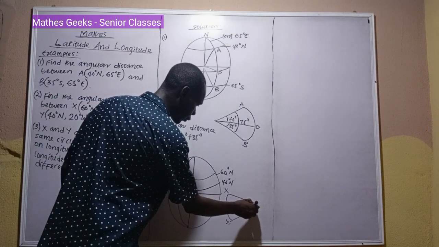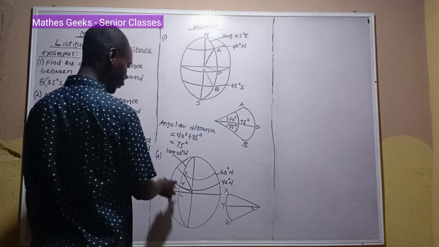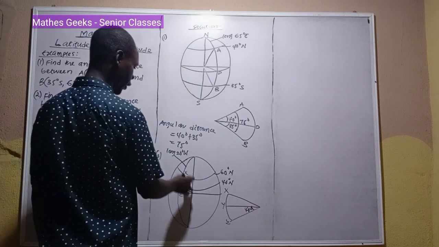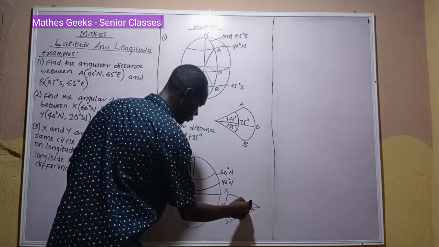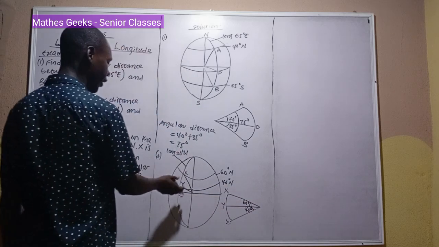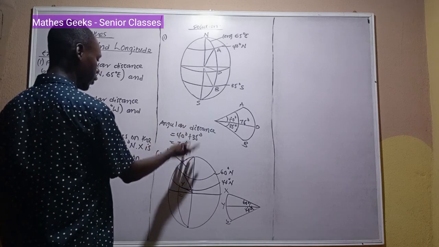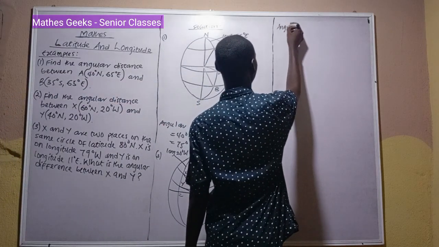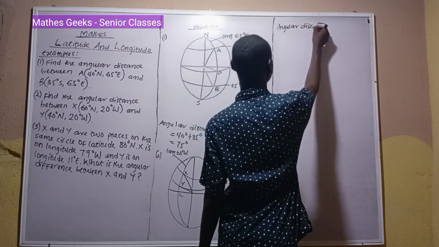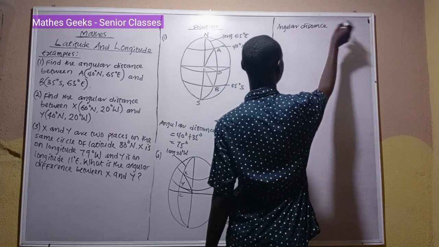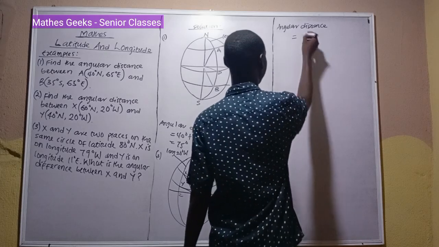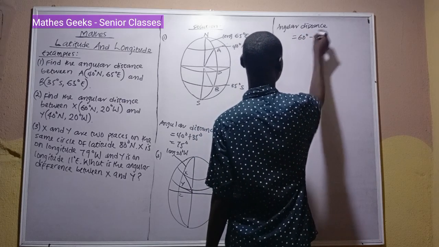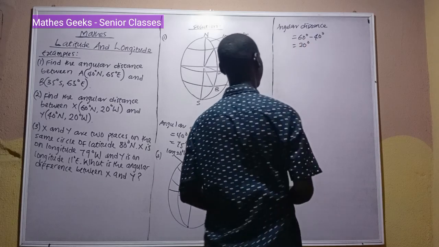From the equator to Y is 40 degrees north, and from the equator to X is 60 degrees north. So since both of them are in the same hemisphere, the northern hemisphere, our angular distance is equal to 60 degrees minus 40 degrees, and that will give us 20 degrees.